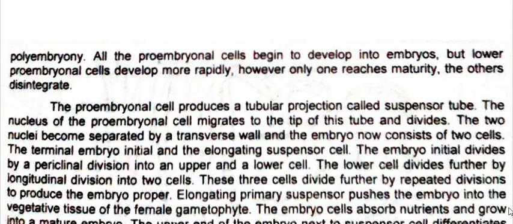All the proembryonal cells start to develop into embryos, but the lower proembryonal cells develop more rapidly, and only one reaches maturity, means only one develops or matures, and the others are disintegrated.